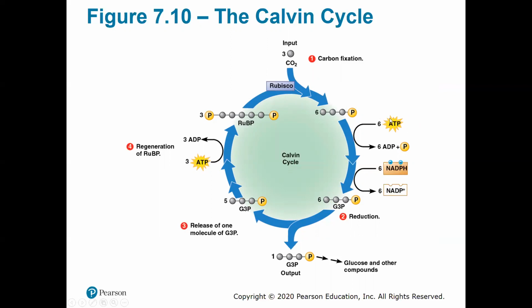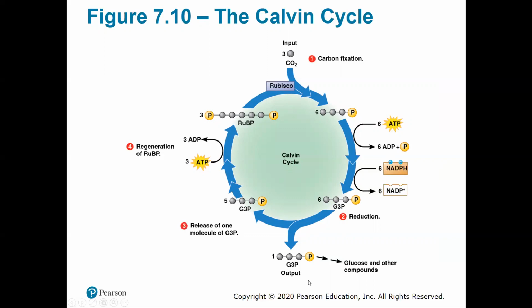So then, with the help of the energy from ATP and the energy from NADPH, a series of chemical reactions will occur where you will transfer and reduce into a G3P molecule. It's 6 G3P molecules. So now you have an excess here, so you can drop off one of the G3Ps.